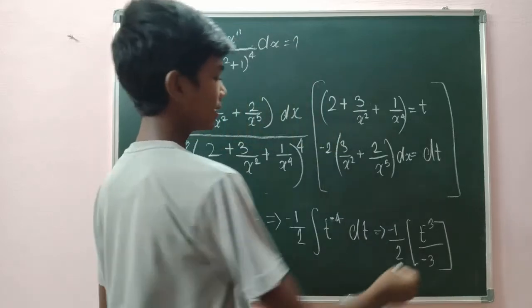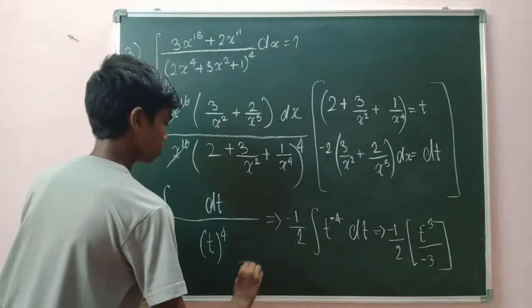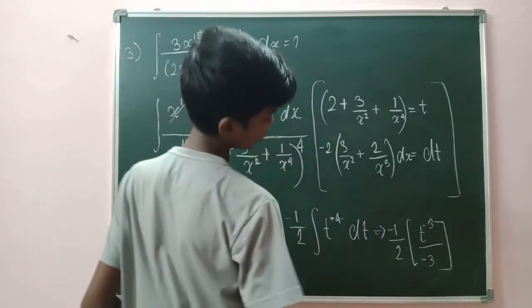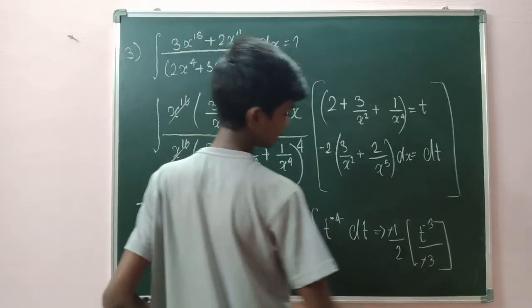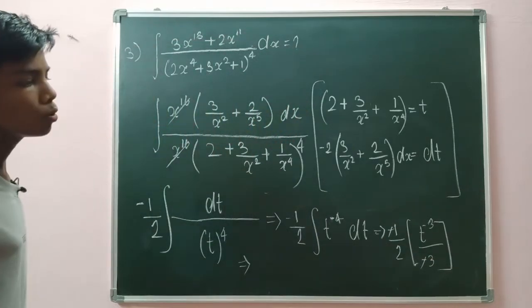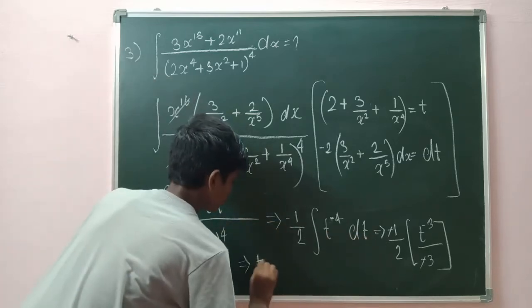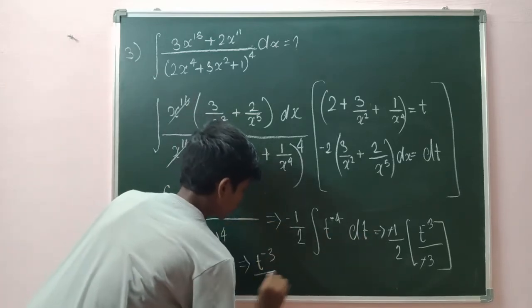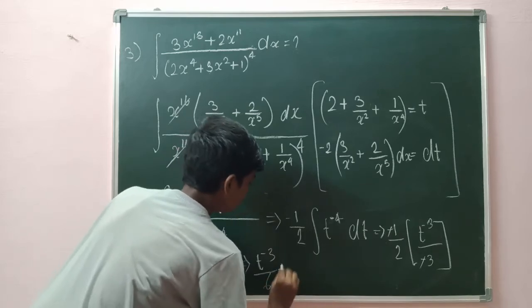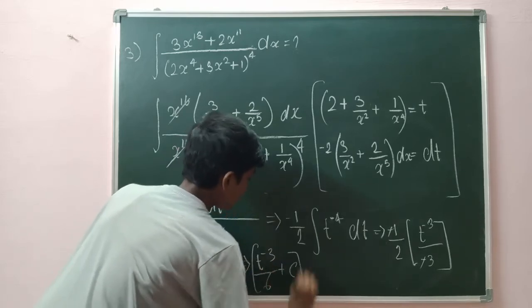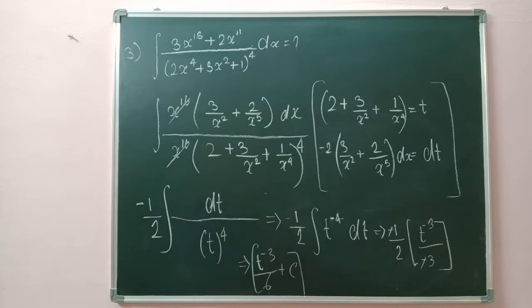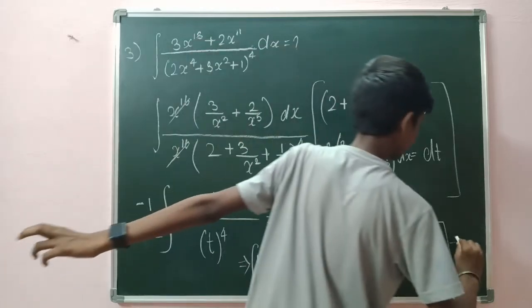So finally you will get minus 1 by 2, the minuses cancel out, and then plus some constant is the value of this integral.